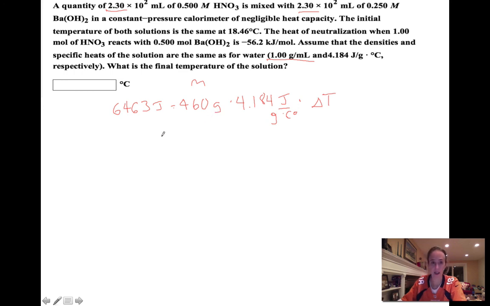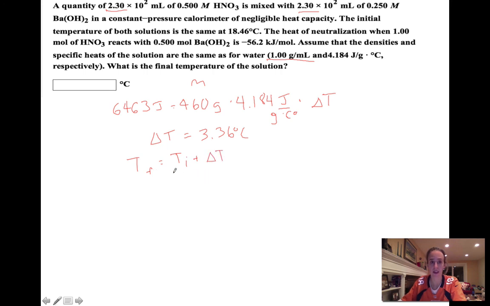So if I move things around here and just divide 6,463 divided by 460 divided by 4.184, my change in temperature is going to be equal to 3.36 degrees Celsius. And that means that my final temp is equal to my initial temp plus that change in temp.